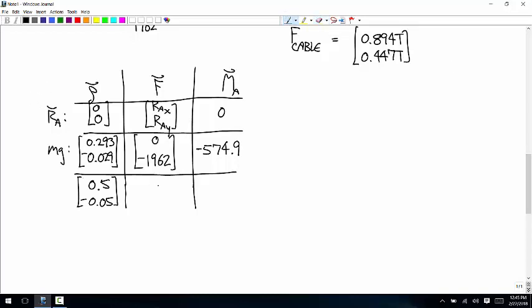And the force vector is what we just got, 0.894 t, 0.447 t. And let's see, I don't know. Could someone calculate that? 0.2682. Positive t.